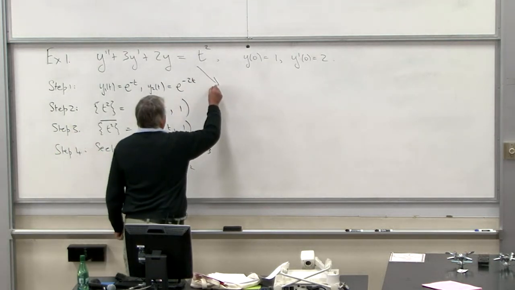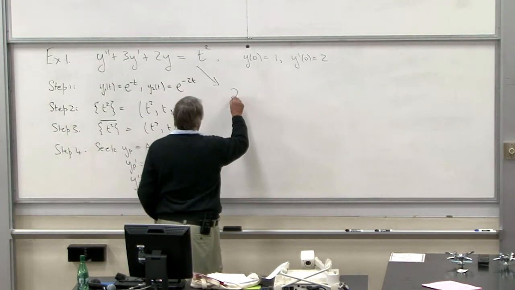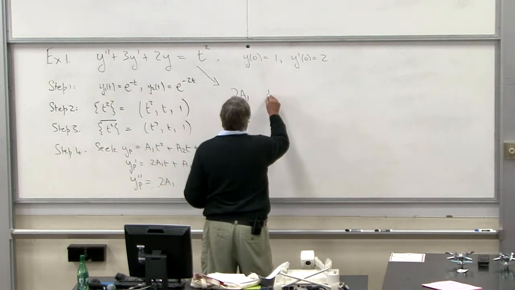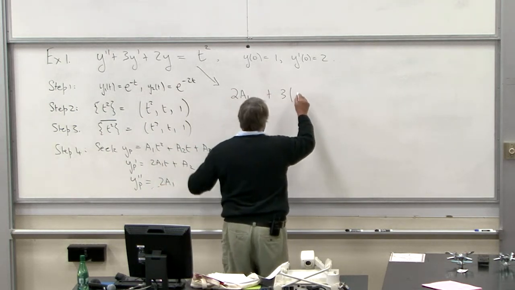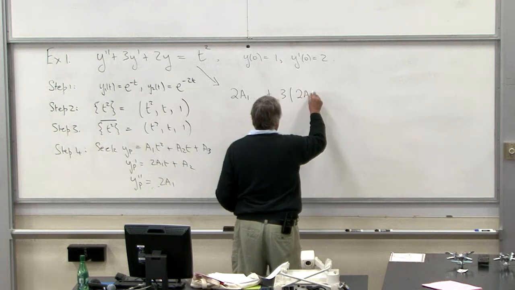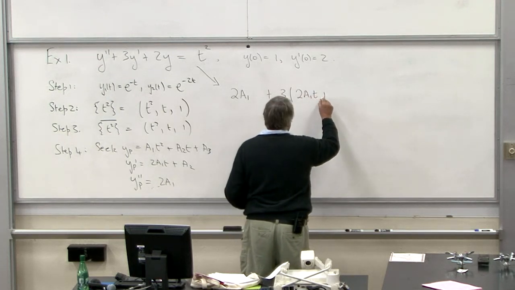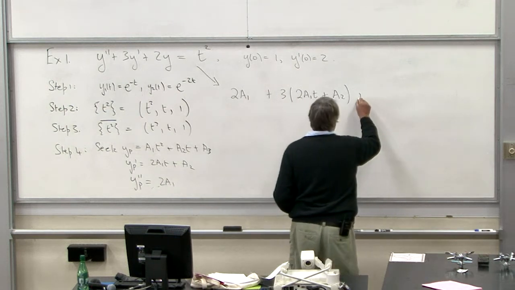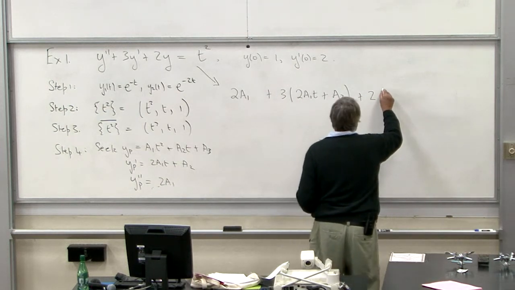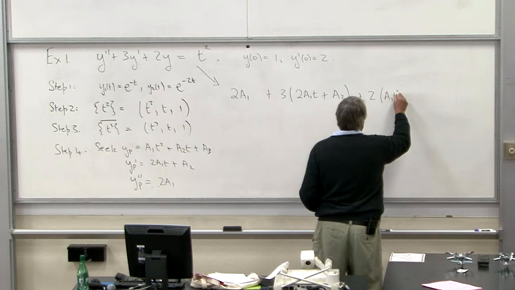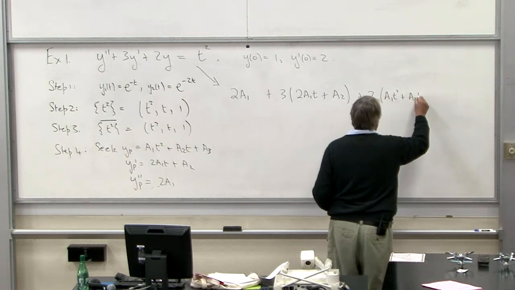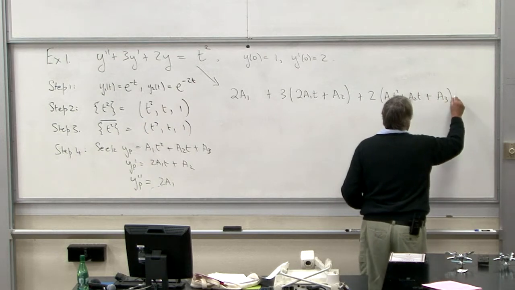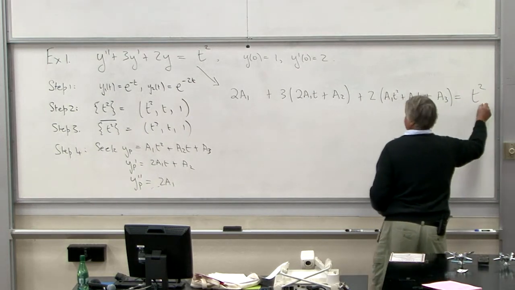We suck it in here, and we get what? 2a1 plus 3 times (2a1 t plus a2) plus 2 times (a1 t squared plus a2 t plus a3) equals t squared.